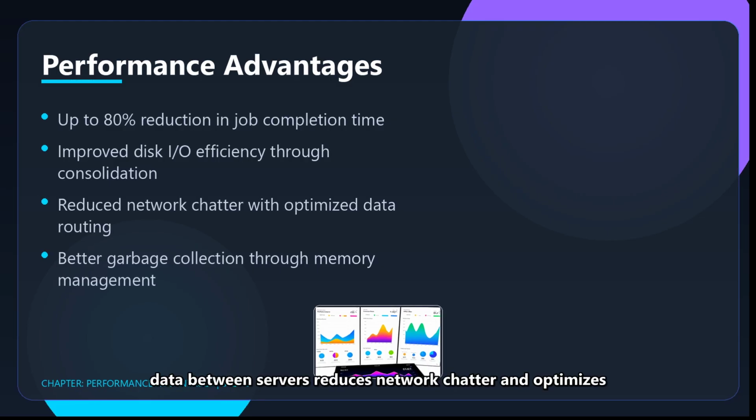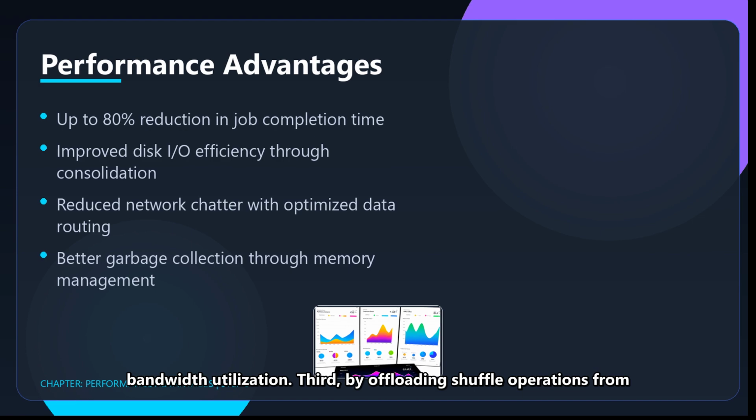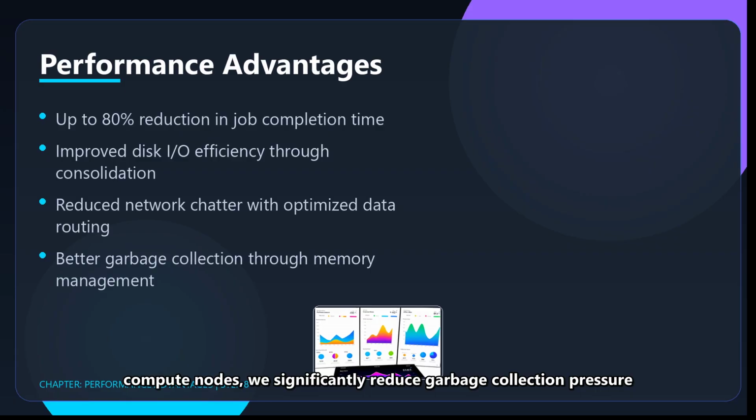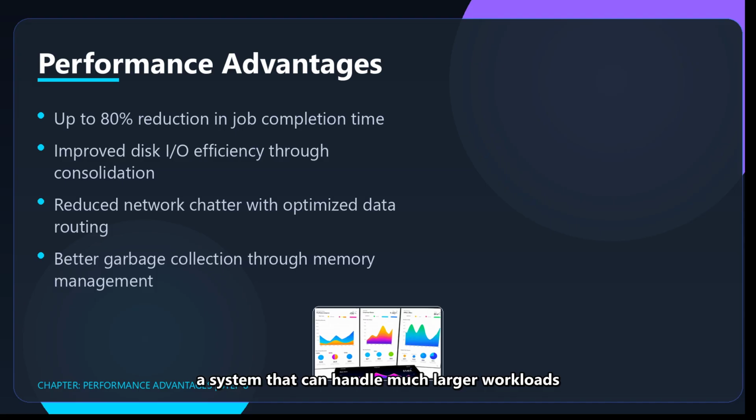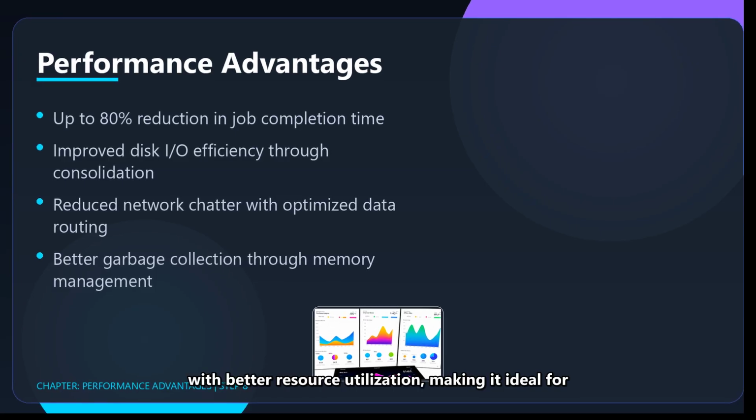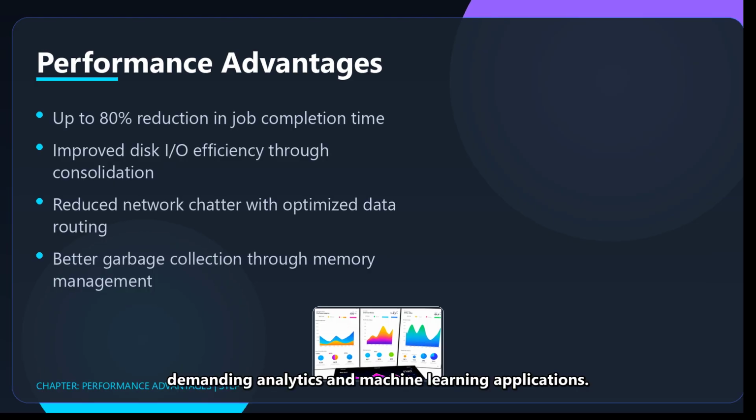Second, the intelligent routing of data between servers reduces network chatter and optimizes bandwidth utilization. Third, by offloading shuffle operations from compute nodes, we significantly reduce garbage collection pressure and memory fragmentation. These improvements compound to create a system that can handle much larger workloads with better resource utilization, making it ideal for demanding analytics and machine learning applications.